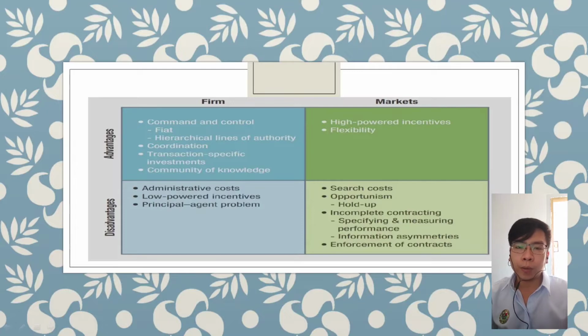For example, rather than contracting in the open market for individual pieces of software code, Google hires programmers to write code in-house. Owning this software development capability is invaluable to the firm because its costs, such as salary and employee benefits to in-house computer programmers, are less than what they would be in the open market.